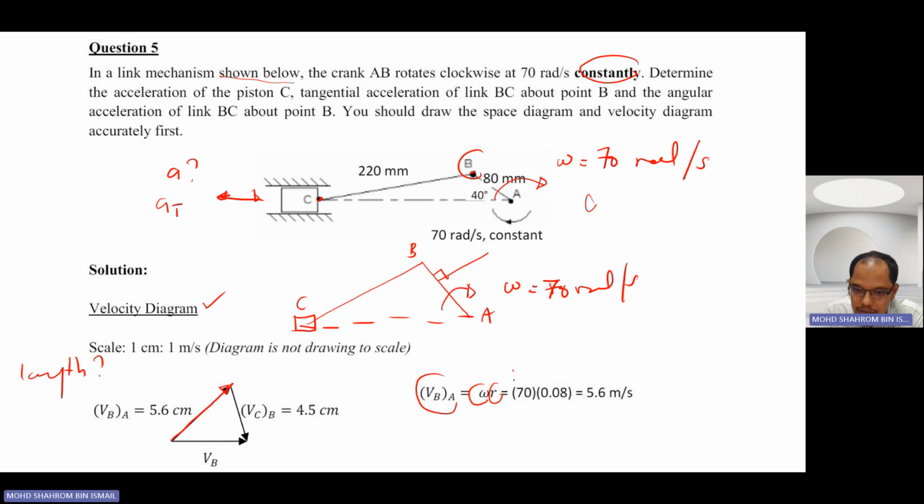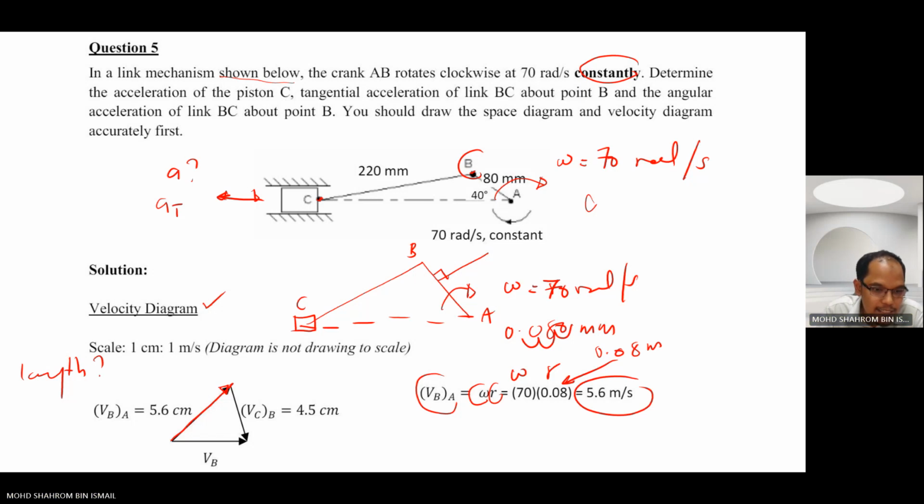This omega is 70 radian per second, and r is 80 millimeter, which is 0.08 meter. So the length is calculated to be around 5.6 meter per second. So this is the line.